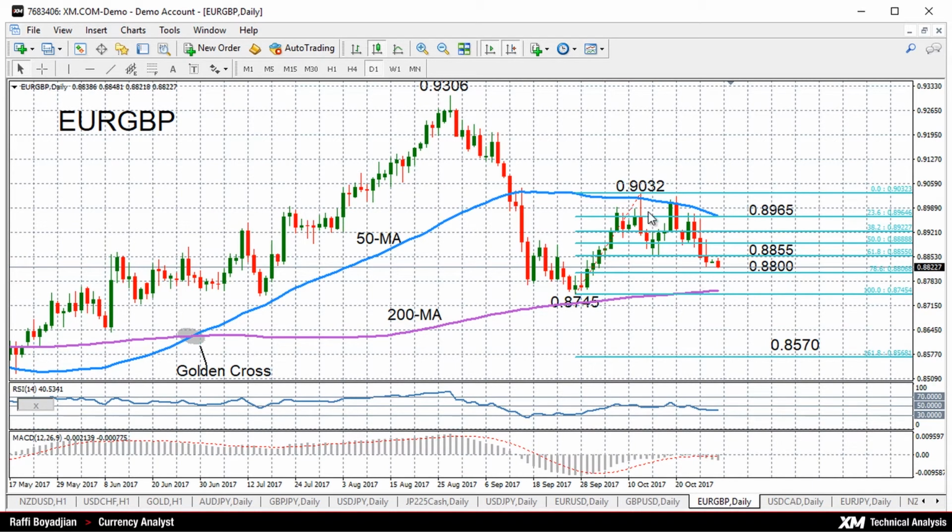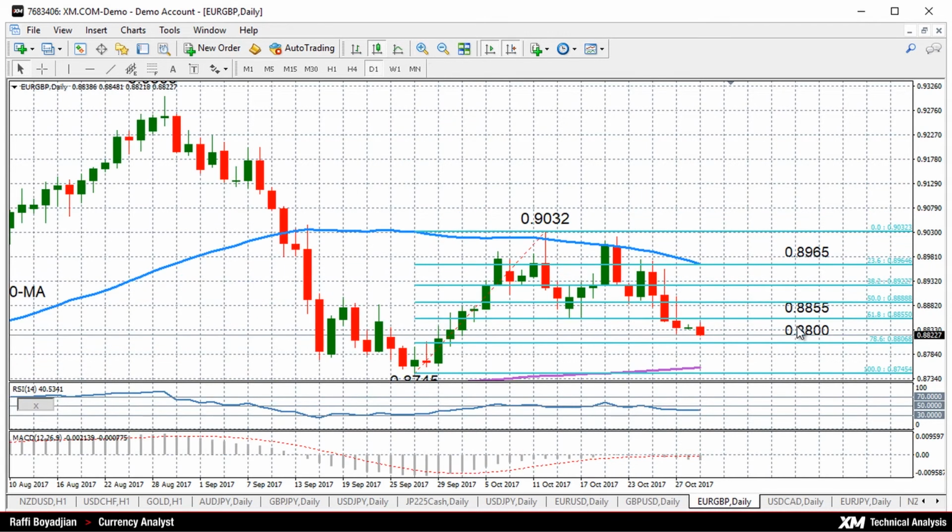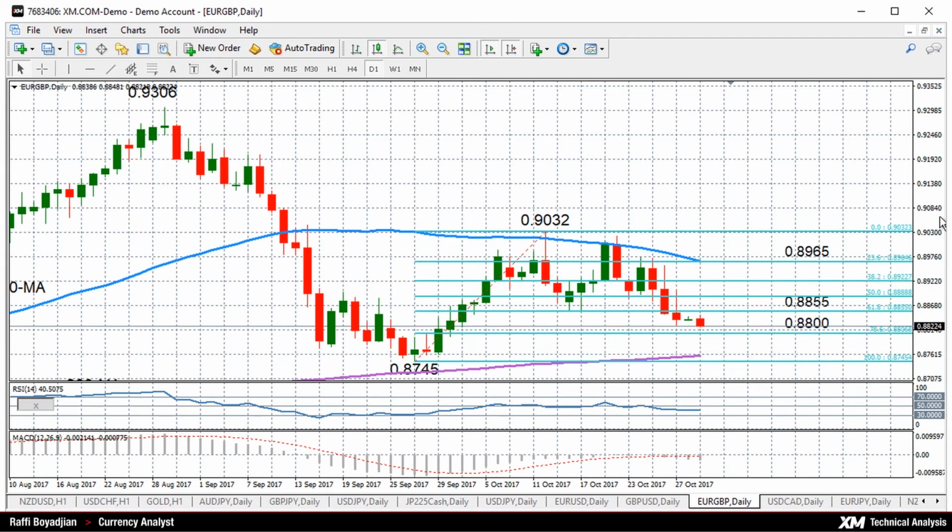On Euro-Pound, we can see the 50-day moving average proved a very strong resistance several times in October. At the moment, the short-term outlook is very bearish. RSI is below 50, and we can see that big gap below the 50-day moving average. Immediate support should come from the 0.88 handle, which would be the 78.6% Fibonacci retracement of the up leg from 0.8745 to 0.9032.